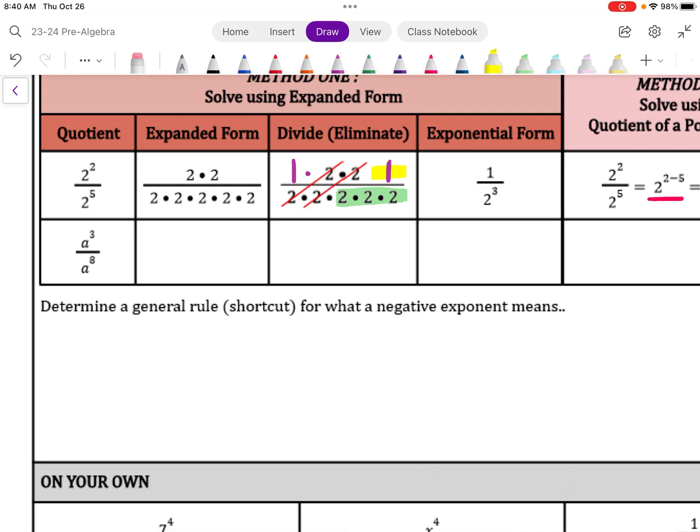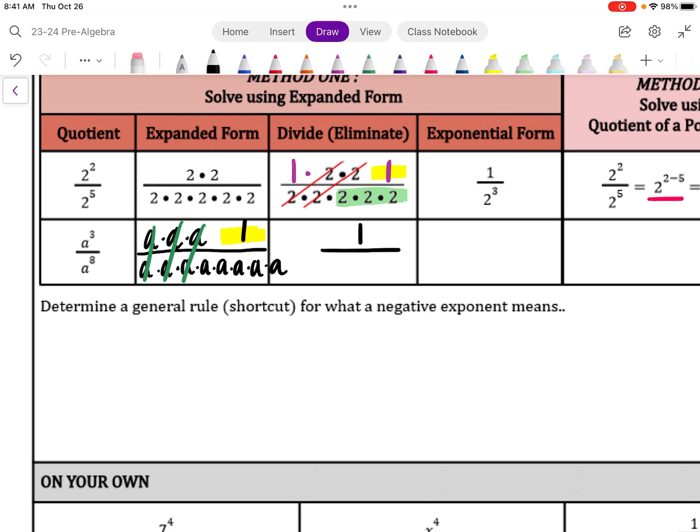So a to the third over a to the eighth. So I'm going to put 3 copies of a over 8. 1, 2, 3, 4, 5, 6, 7, 8. And when I cancel those, that leaves an empty space, and I need to put a 1 there to hold that spot.